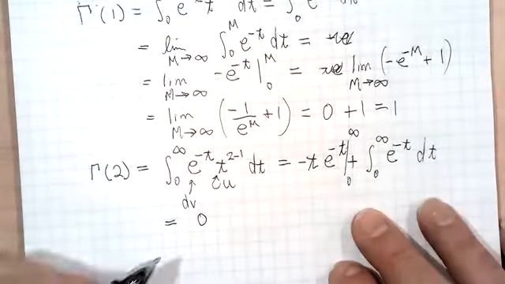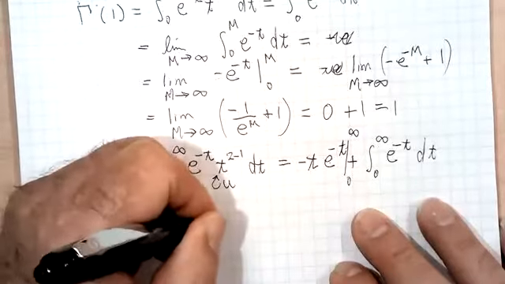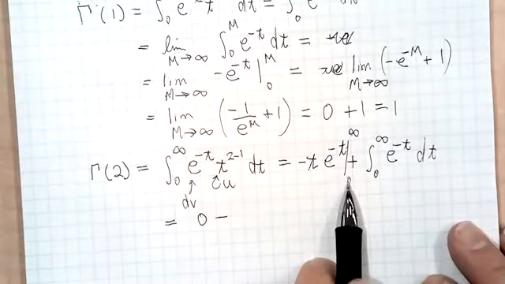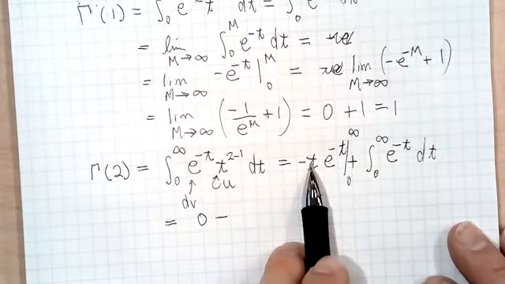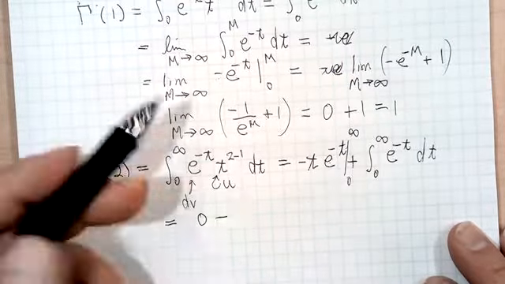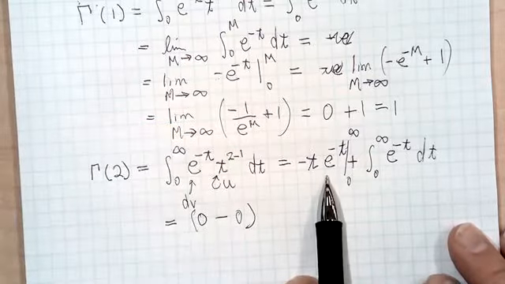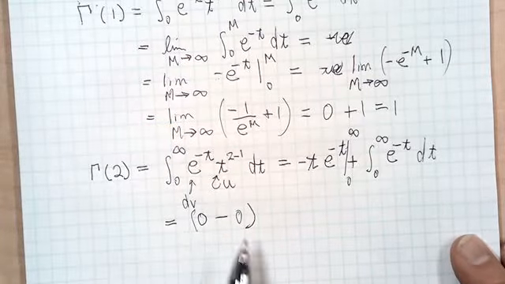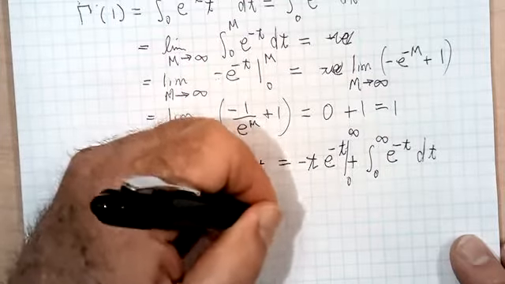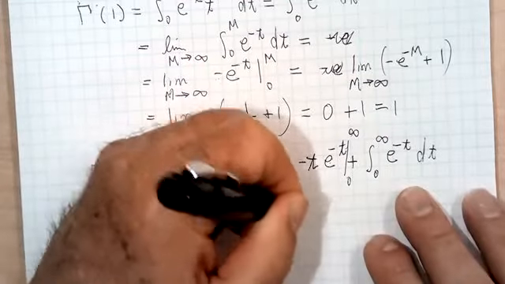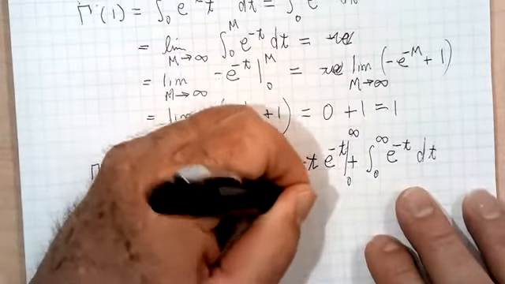Okay, now I'm going to subtract what happens when I plug in 0. Well, when I plug in 0, I'm going to get a 0 there times 1. So it's just 0 minus 0. This part right here contributes absolutely nothing to the integral. And this part, well, e to the minus t is the antiderivative.